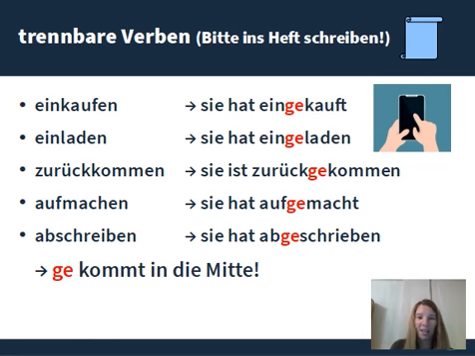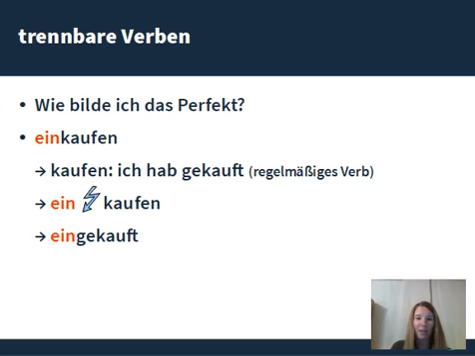So, as I just said, it's one way to remember it's in the middle of the verb. There's also another way to remember it. Okay? So when we have the verb einkaufen, the stem of the verb is kaufen. And you know kaufen already. Perfect is ich habe gekauft. And you can just think of it as the einkaufen is just extra information.